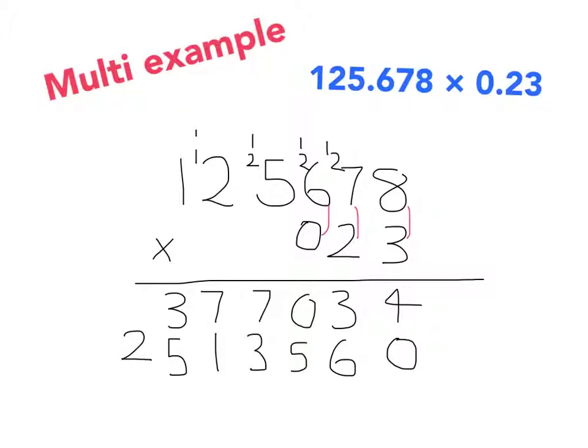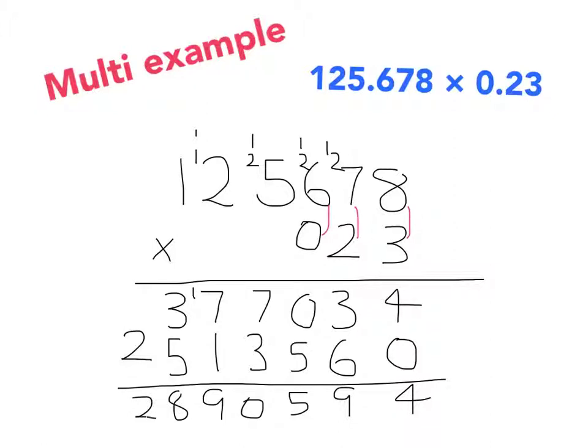Now there's a 0 there, so I don't actually have to work it out. And if I go ahead and add these together, I would get 2, 8, 9, 0, 5, 9, 4.